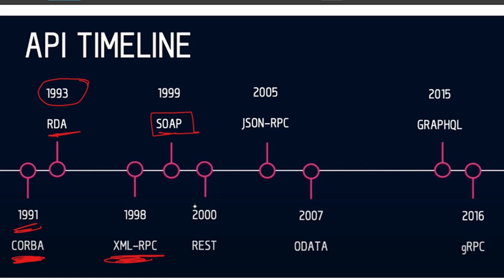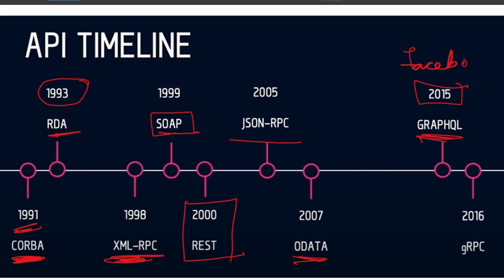That was introduced in the 2000s. After REST we have JSON-RPC, and GraphQL introduced in 2015 by Facebook. gRPC we got from Google. So year by year, the representation and transfer of data has become very significant with the help of these APIs.